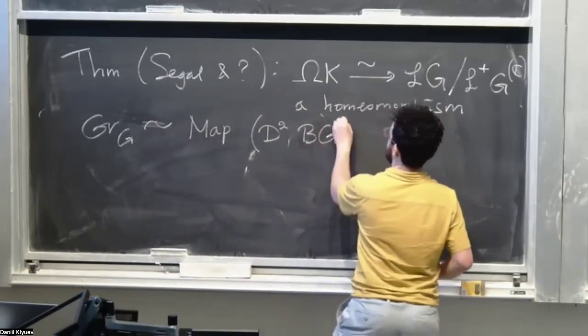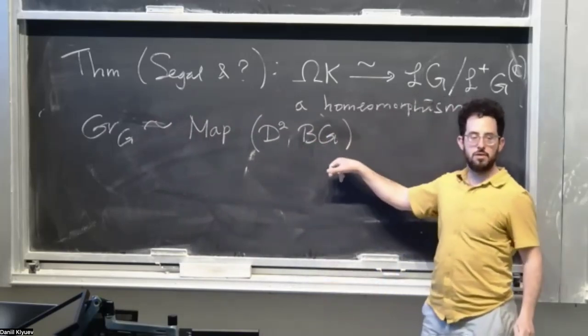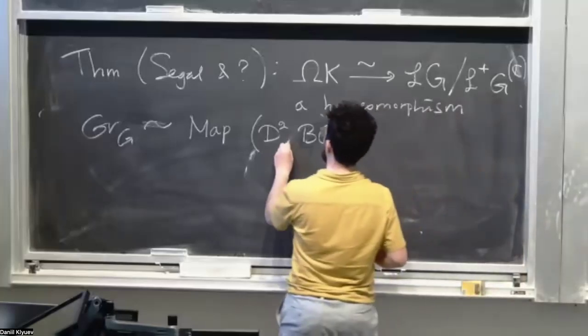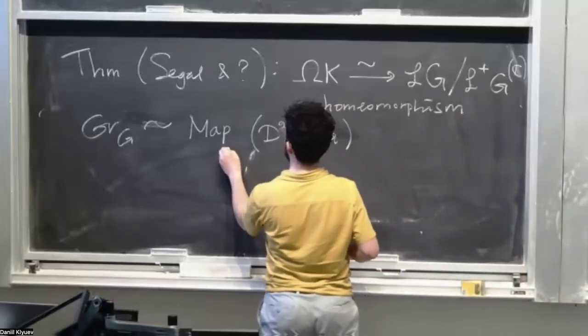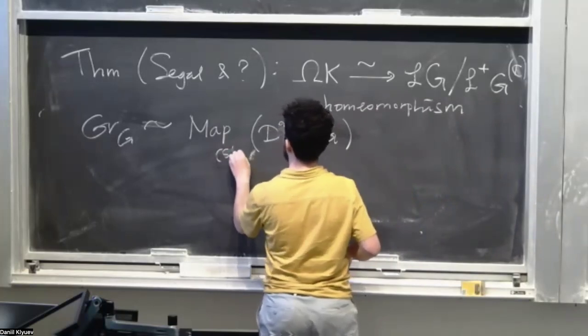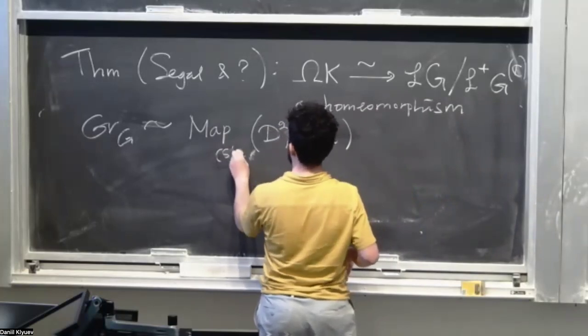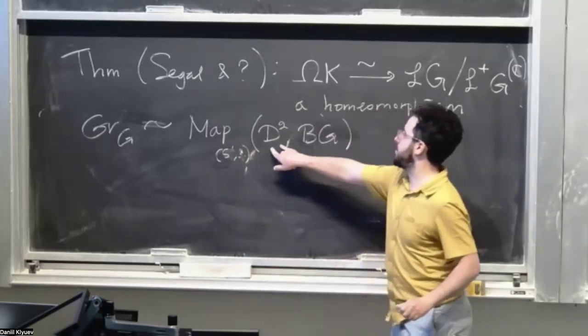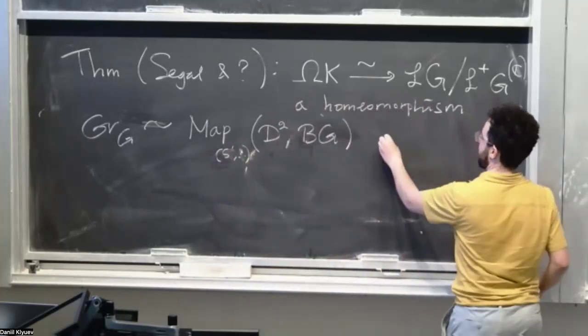BG. In topology, a G bundle is described by a map to BG, and we want it to send the boundary S1 to a point.